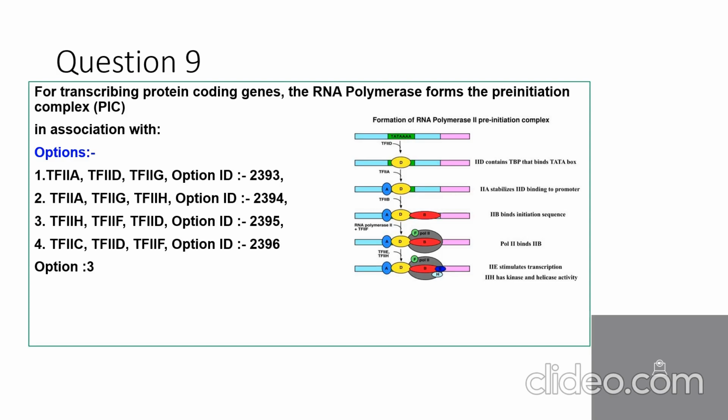If you clearly go through it, first D is binding to the sequence, and A is attaching to D and B, and again F is binding here, and E and H form the complex over here. So the option here is option 3.